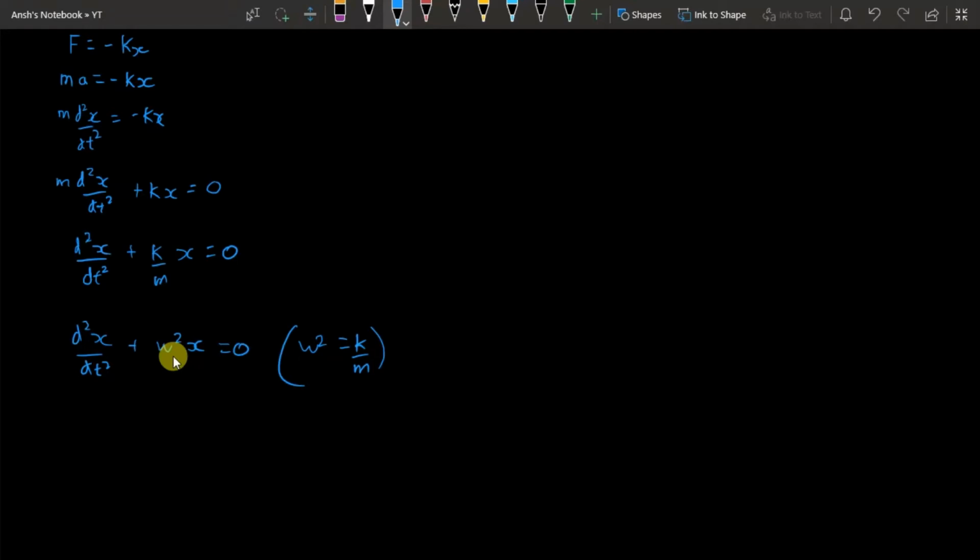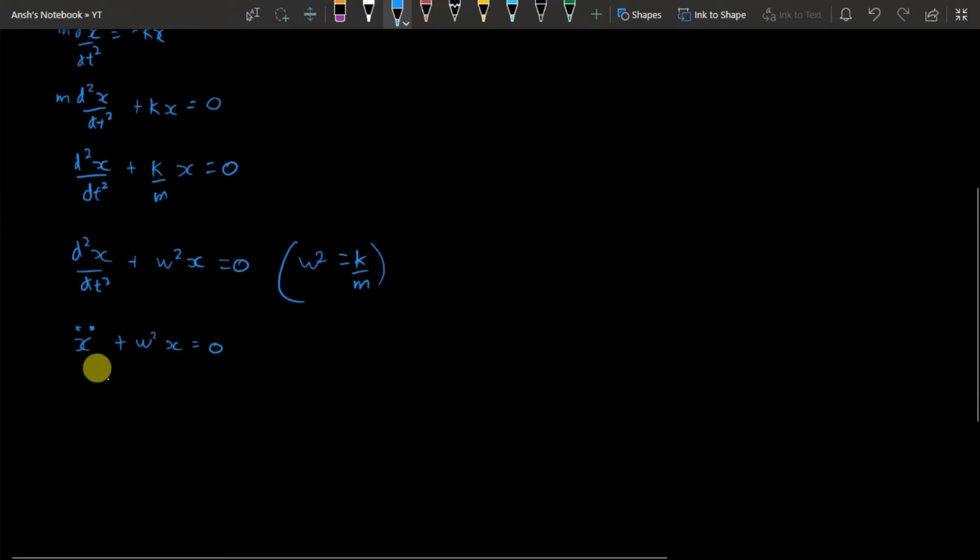So now we have our second order differential equation. This is often written in this form as well: x double dot plus omega square x is equal to 0. The double dots here indicate the second time derivative of x with respect to time.